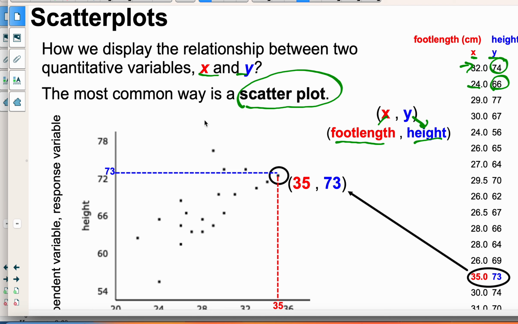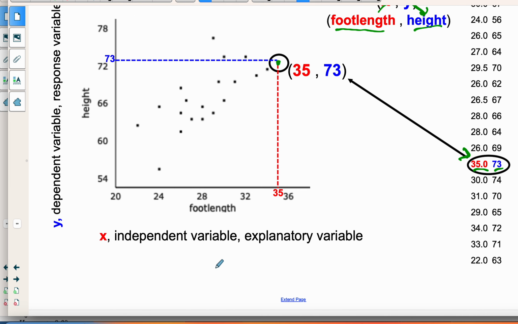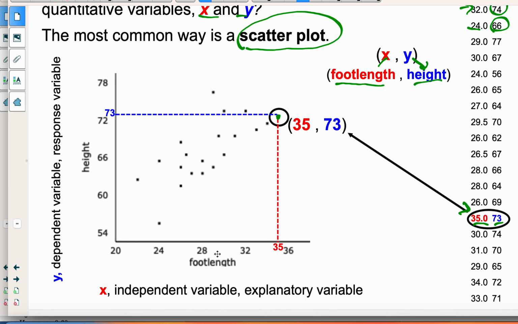So we plot the data with a scatter plot. Each one of these data points here is plotted. So for instance, right here, 35, 73 is this dot here. To plot it, we're always going to put the x-axis on the horizontal. That's my x, my independent variable, my explanatory variable.